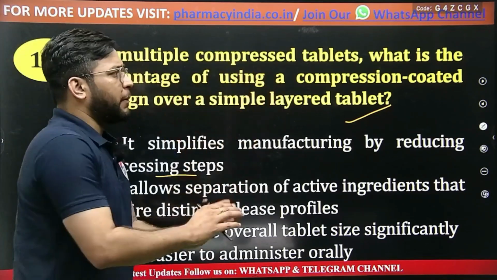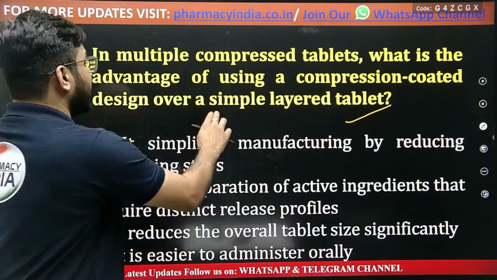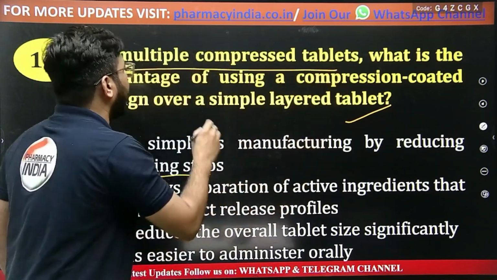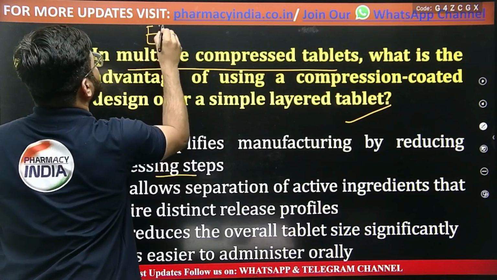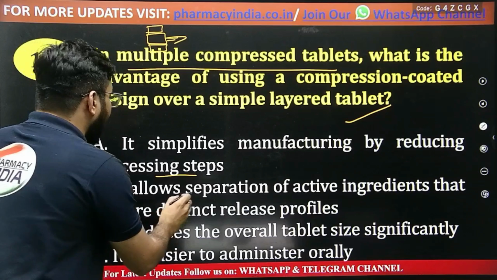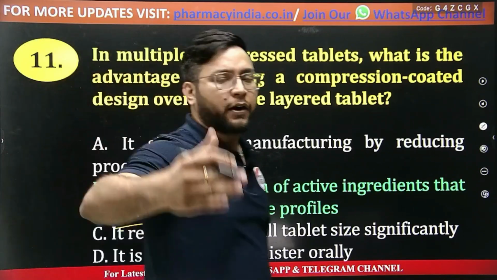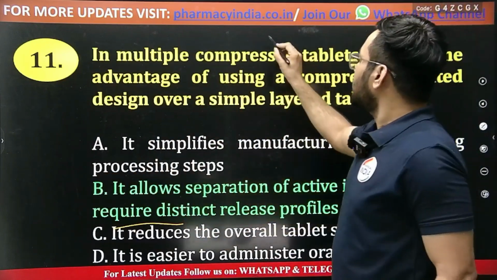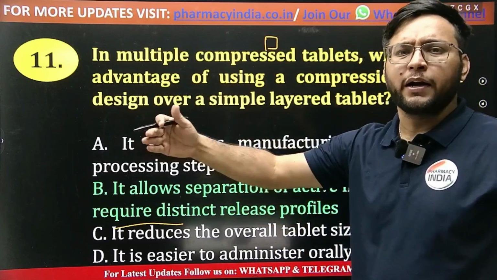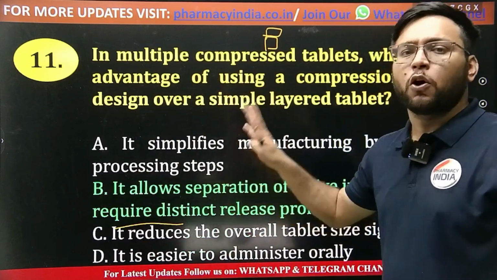In multiple compressed tablet, we make different layers of different drugs, so we can allow the separation of active ingredients that require distinct release profiles. Means this particular drug layer will release in 1 hour, and the upper one will release in the 3rd hour. So this is all about this question.